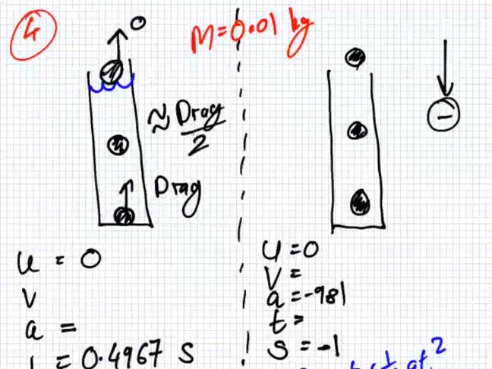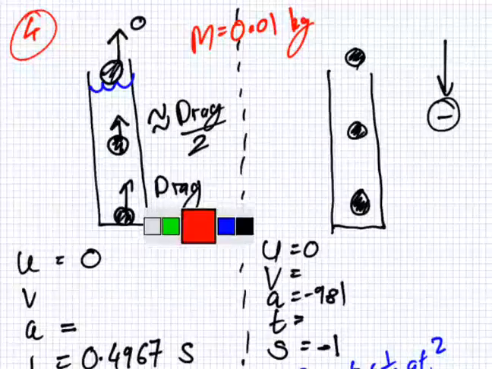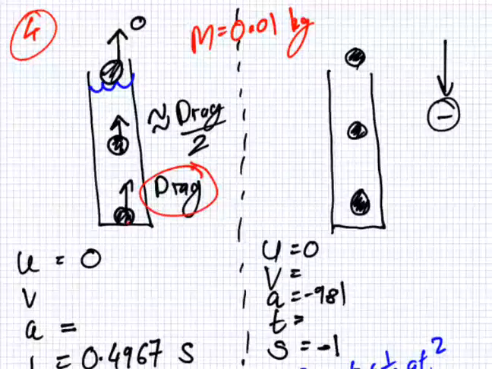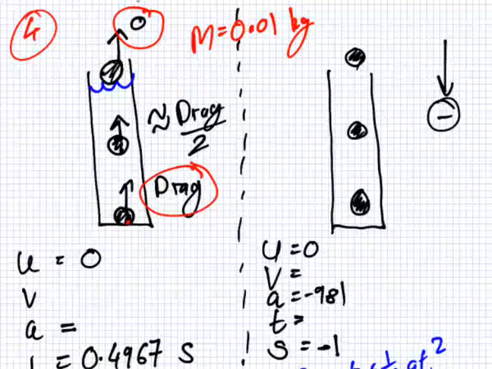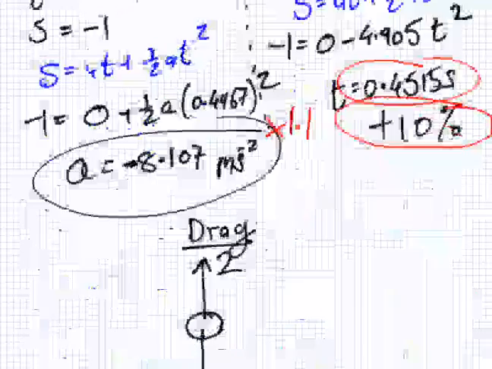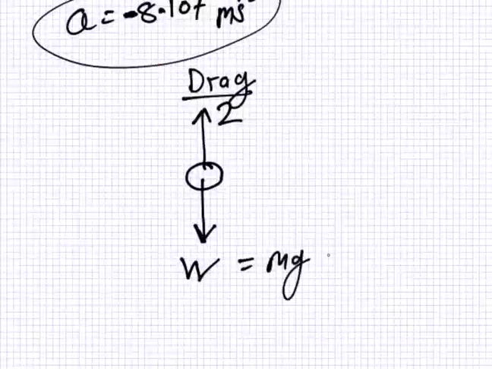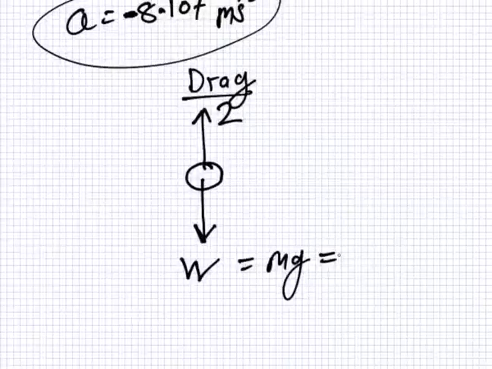So what force is going down? The weight. And what force is going up? The drag. But again, I'll divide it by 2 because at the top, what's the drag? 0. And at the bottom, what's the drag? The highest value it'll be.